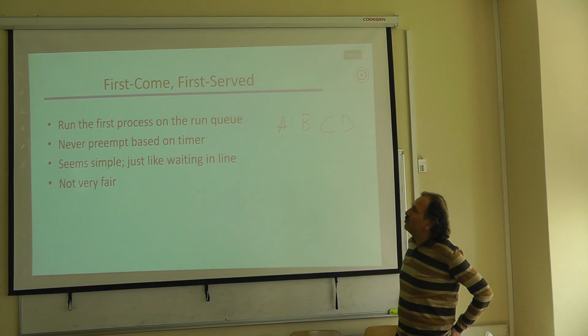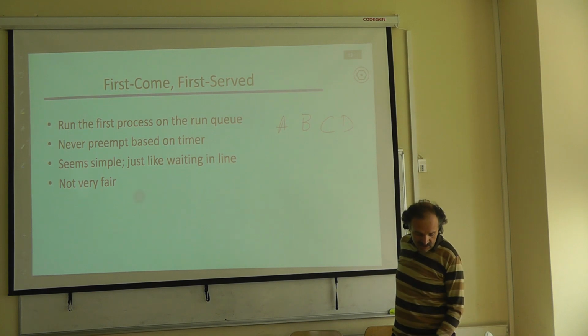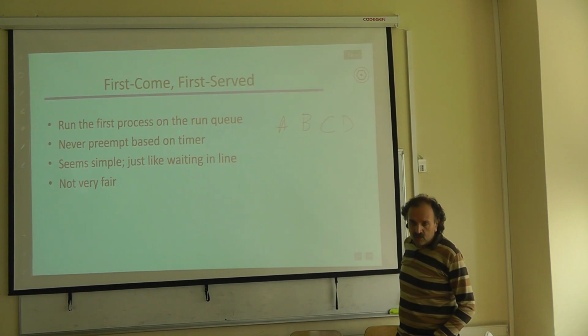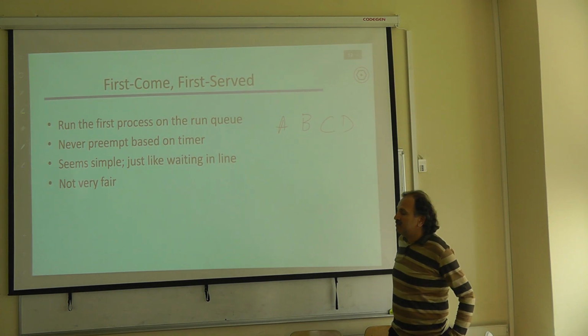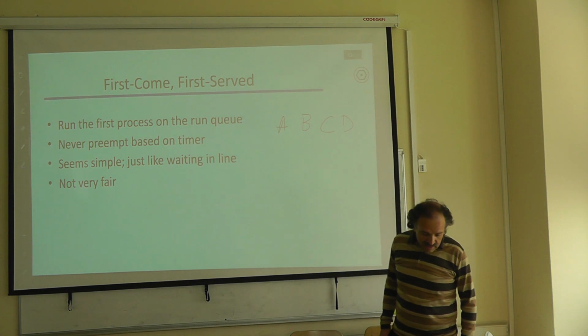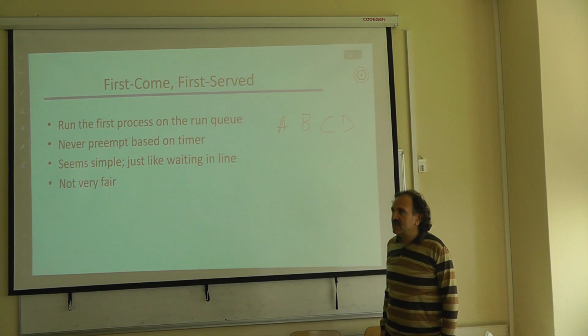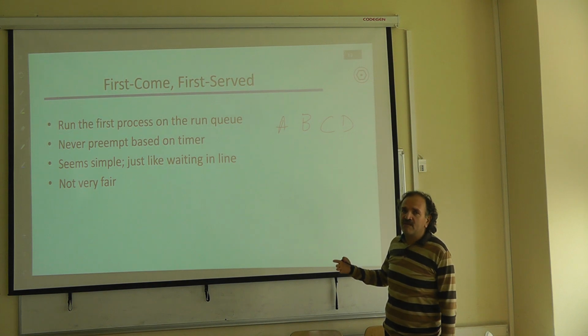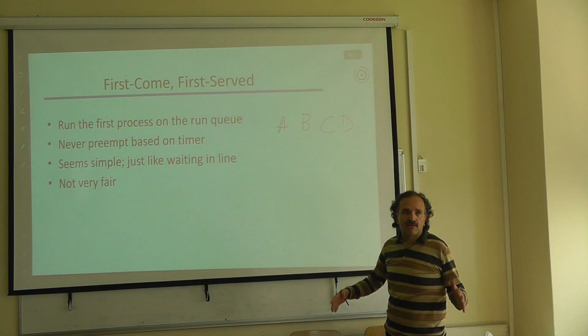So this is no preemption with the batch systems actually. For the batch schedulers, usually we don't use any preemption, because preemption is good for stopping processes that take too much CPU time in a single CPU burst. But for these cases, since we don't have any interactivity, your job runs for 10 hours.